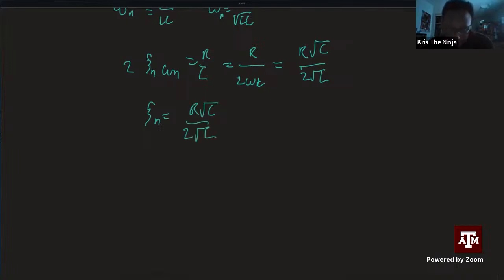Then we have different cases. Case one: zeta is greater than 1. That means there are two distinct real poles.